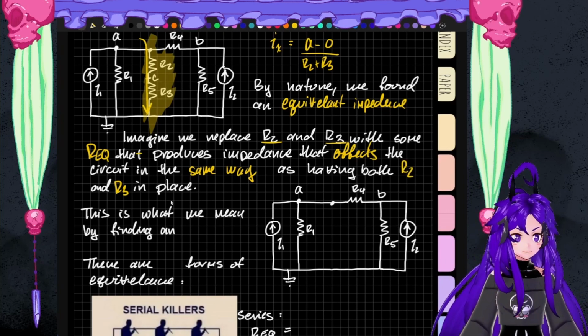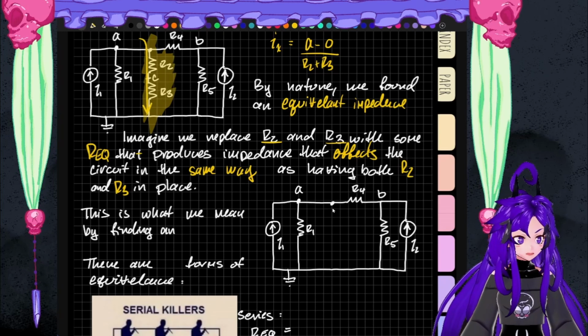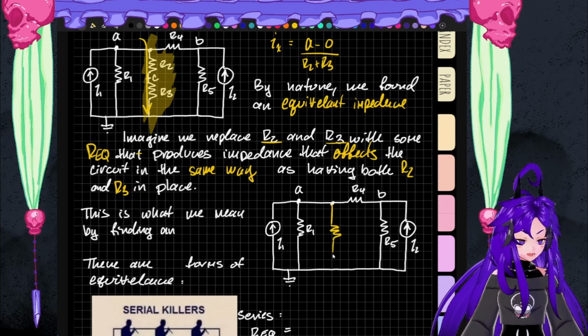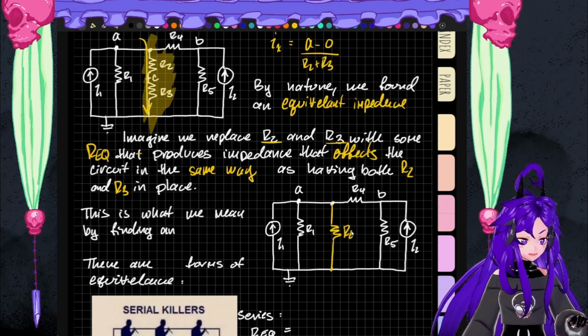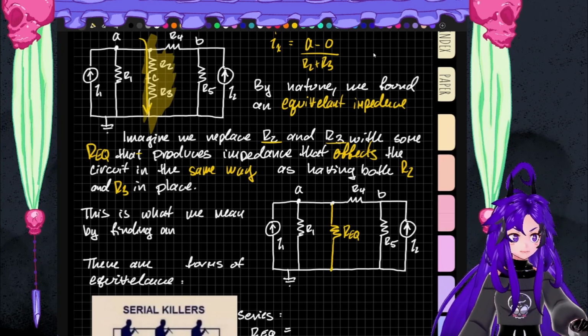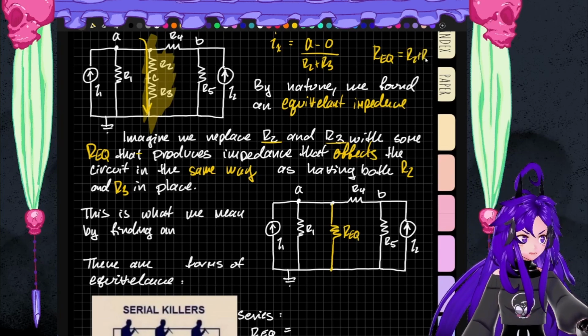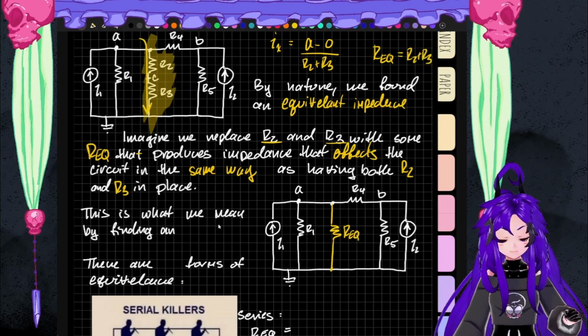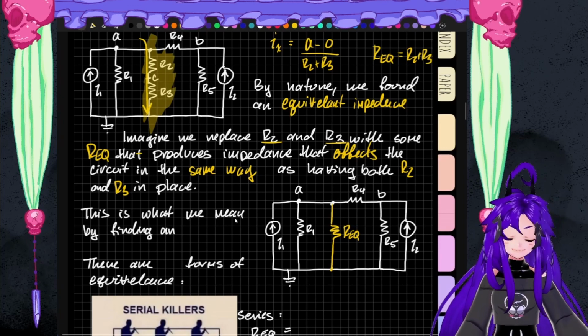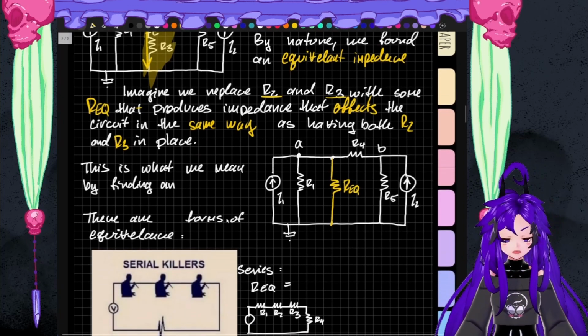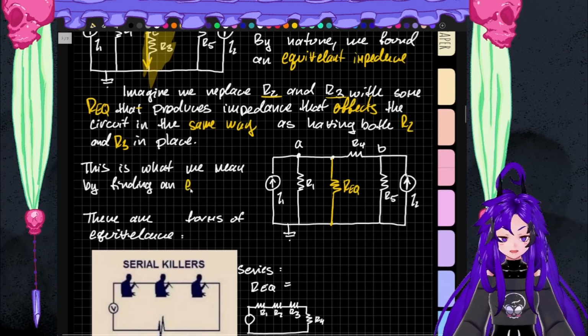So that's kind of what it means to do equivalency. So we're just going to have REQ, and we've decided that REQ equals R2 plus R3. It's really just a matter of substitution. This is what it means to find an equivalent.